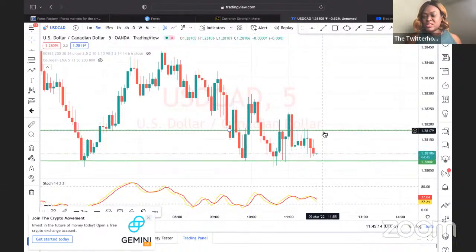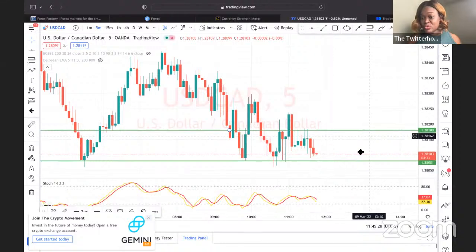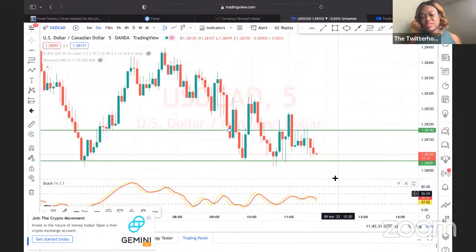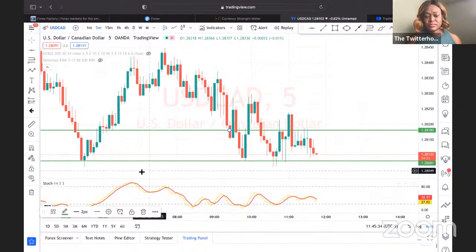I would need price to pull back up here for me to take a sell on USD CAD, or I would need it to break out of here, retest, and then I would take it down. So those are the two options.